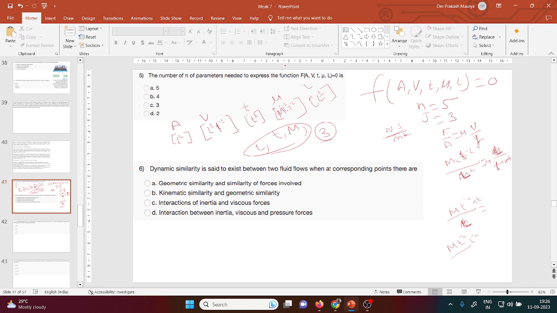How we calculate the J value? You know already. So number of pi theorem is how much? Number of pi is equal to your total number of parameters, that is 5, minus the primary dimensions. How many primary dimensions are involved here? That is 3. So your answer is 2. So option number D is correct.